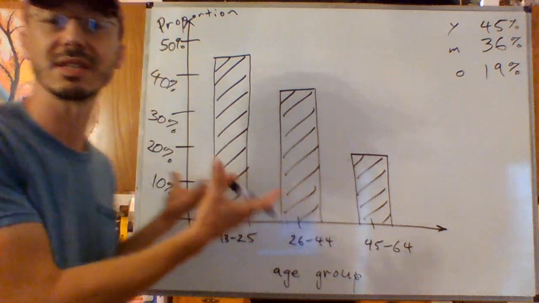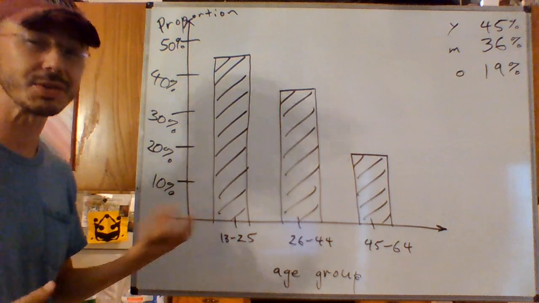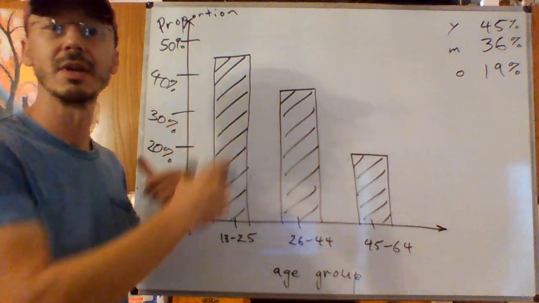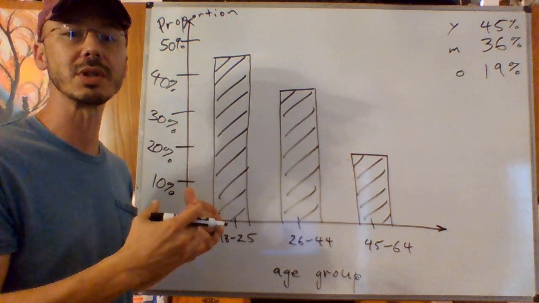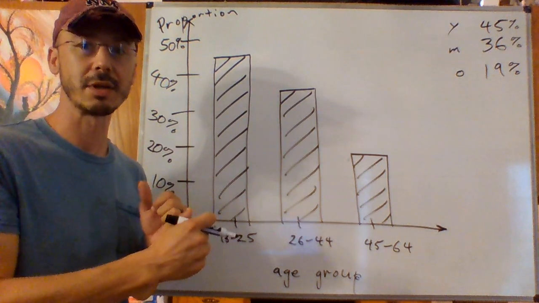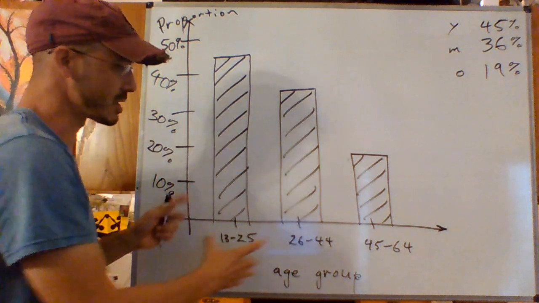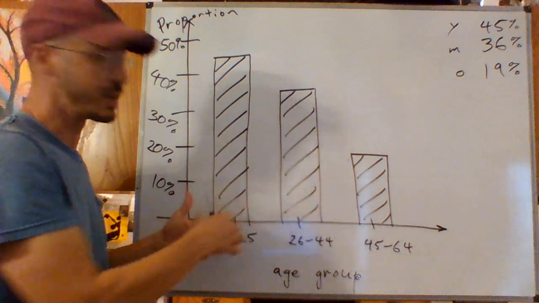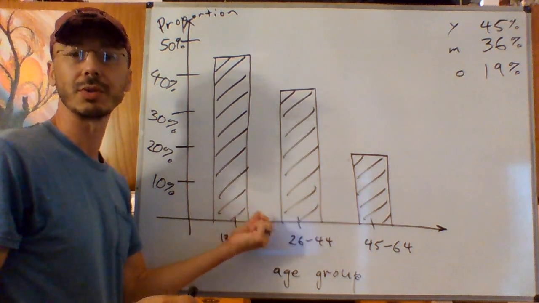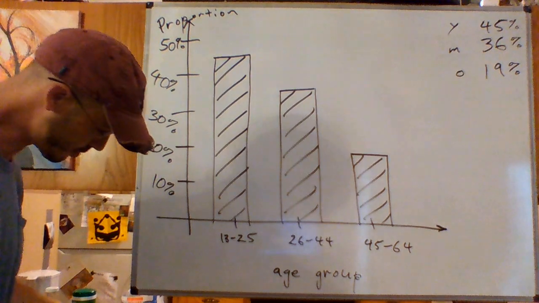That corresponds to the size of these blocks. It also corresponds to the area, which we're going to see is much more important when we study the histogram. And the histogram is like a bar graph, except the bars are shoulder to shoulder. We'll see that in the next section.